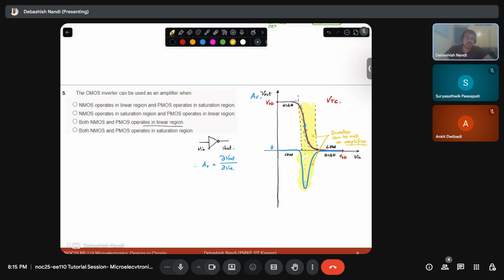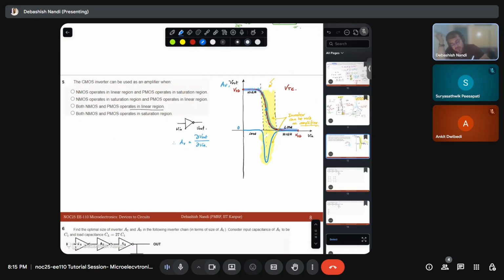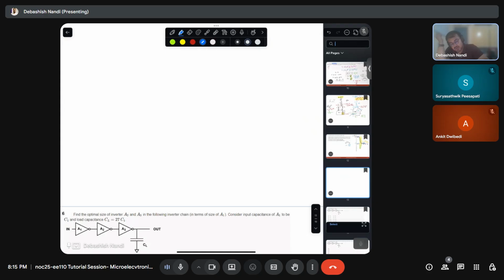Fine. Now we need to find out how, from the device level, we get these characteristics. Otherwise we will not be able to understand why, and in what region, what is the condition on the MOSFETs, in this region, in this region, and in this region. That we need to find out. So did any one of you try to see how this VTC comes about?